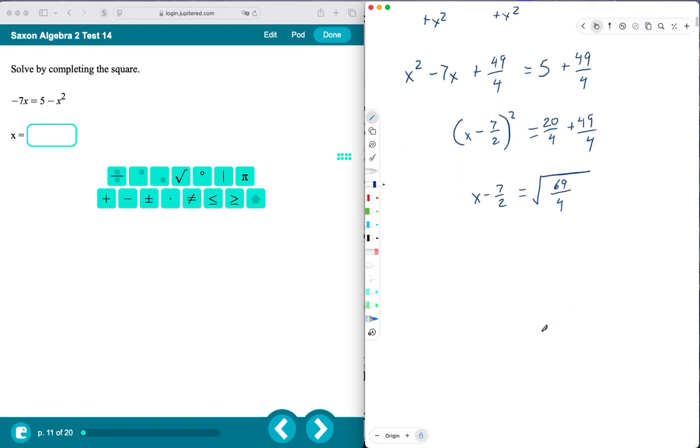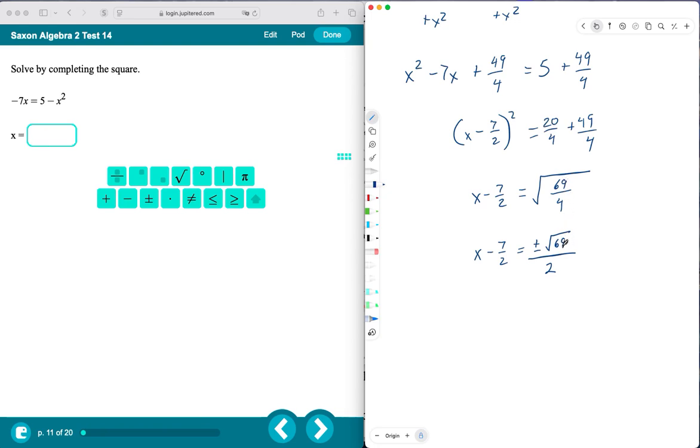All right, so I am going to unsquare that. So that's going to be plus or minus the square root of 69 over 2, because the square root of 4 is 2. So we solve that one, and now we're just doing the square root up here.